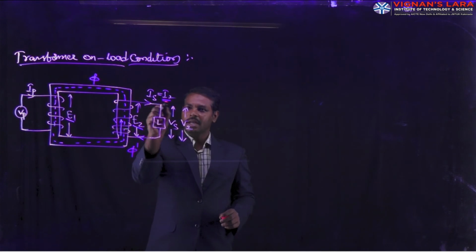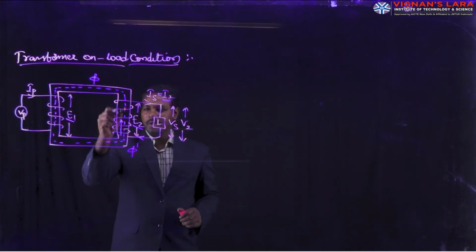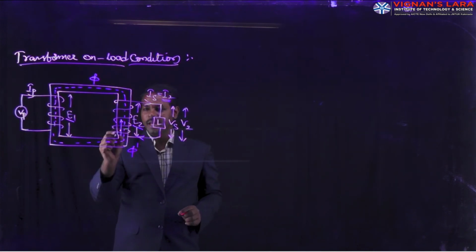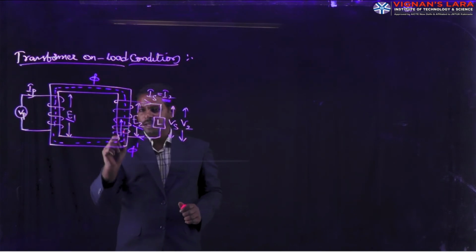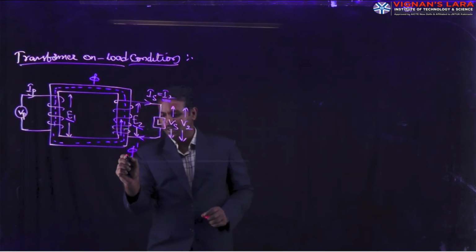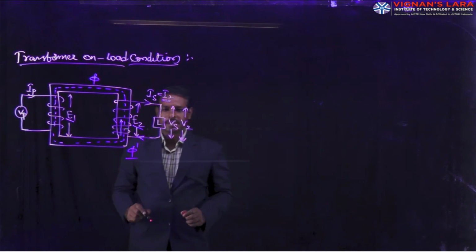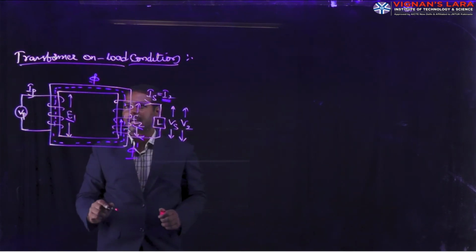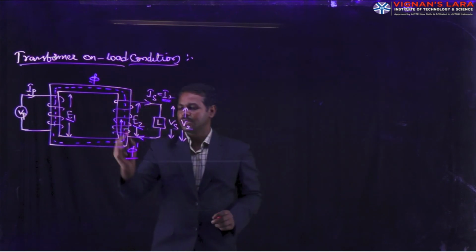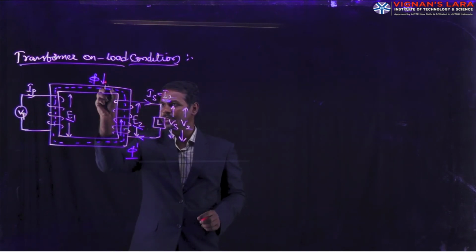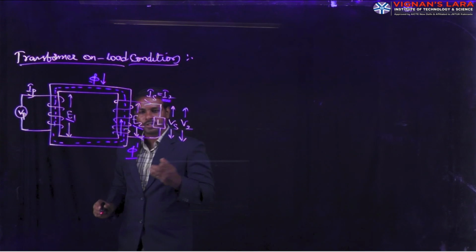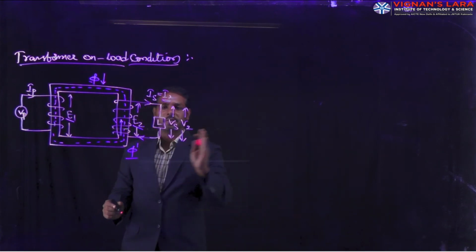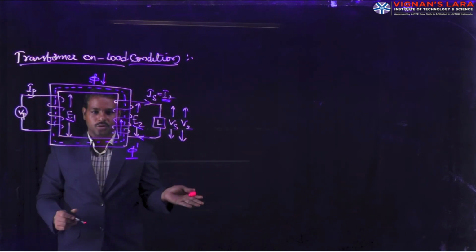The secondary current generates the flux phi dash. This flux always opposes the main flux, so the resultant flux is reduced. Resultant flux being reduced means a lesser amount of current would be delivered to the load.